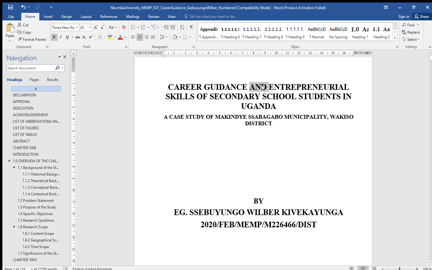This "and" is a connector connecting the 2 variables. Career guidance here is the independent variable, and entrepreneurial skills is the dependent variable. Those who are in business can have a variable such as management practices and the dependent variable sales revenue. Maybe you want to see how management practices affect the sales of a company.